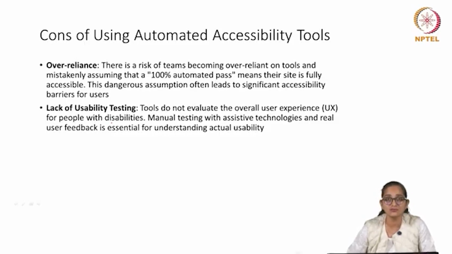Similarly, the size of the font or the availability of alt text, the answer is binary, right? Yes or no, whether it is there or not. But it cannot really evaluate the overall user experience.